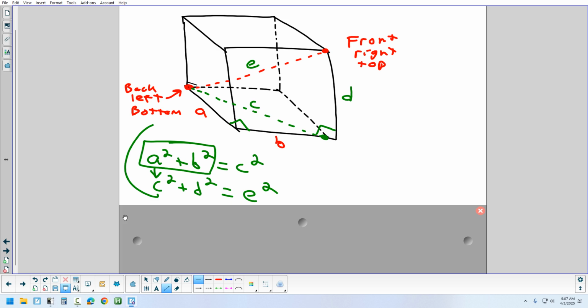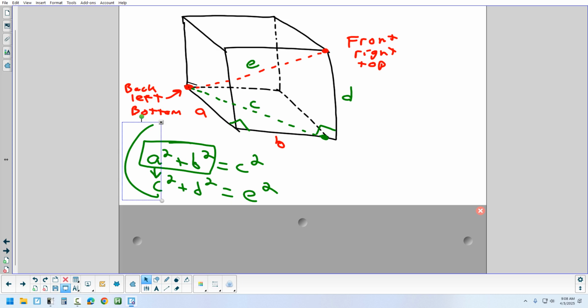So now with these two formulas, we can substitute one into the other, and that'll give us a formula for E squared. Okay. C squared is A squared plus B squared. Well, E squared is C squared plus D squared.